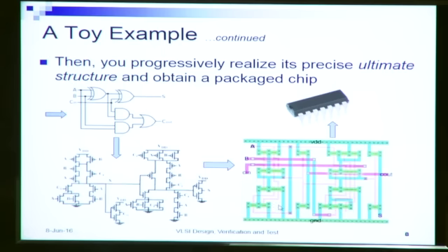From this layout design, it will be etched onto a substrate, and we will finally get a packaged chip like this. So this is a toy example, but it shows you in a nutshell how the design progresses from the initial specification of its functionality that we have in mind to the finally packaged chip.